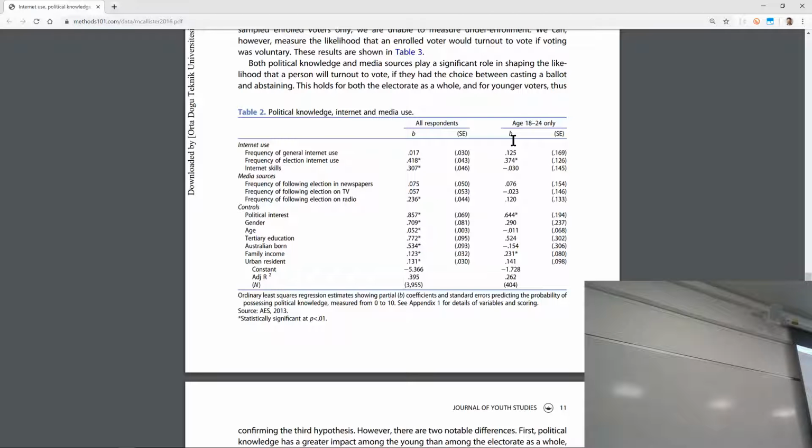So anyone want to explain what you think it means? Standard error. Yeah, so it says here, partial coefficients and standard errors. That stands for standard errors. So what does that mean?